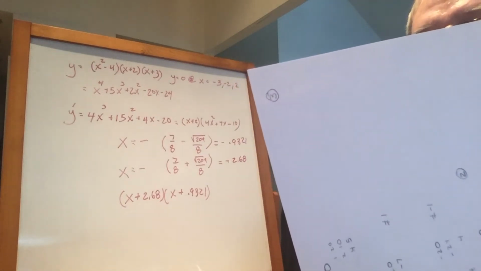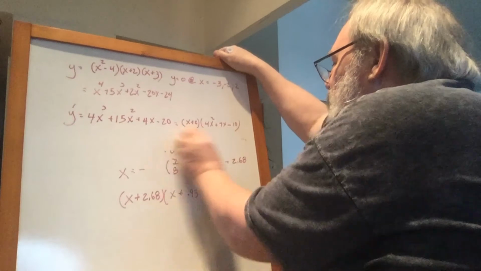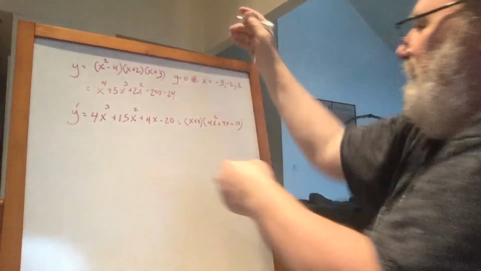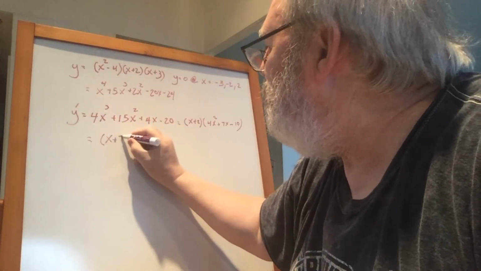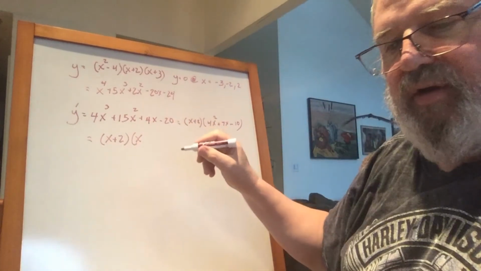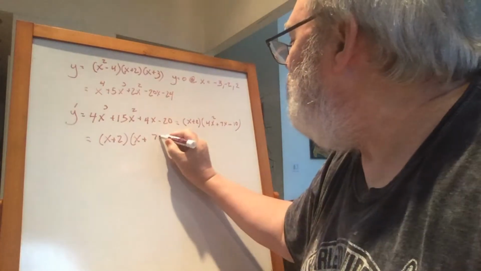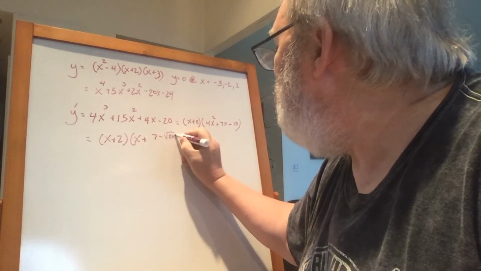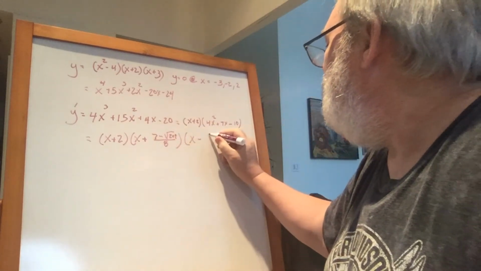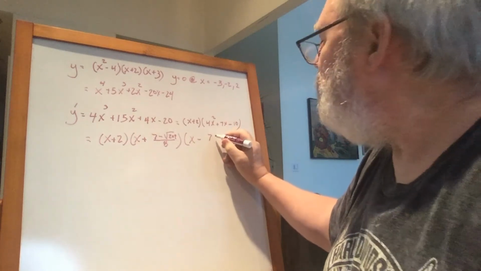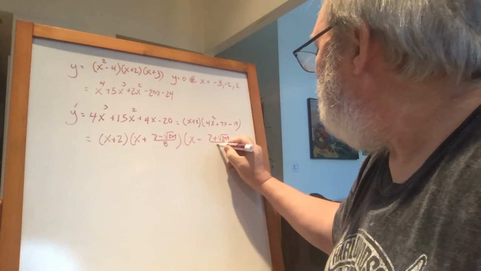Yeah, all right. We'll just write it down like this because it's more accurate anyway. y equals (x + 2)(x + 7)(x - square root of 209 over 8 - 7)(x + square root of 209 over 8).